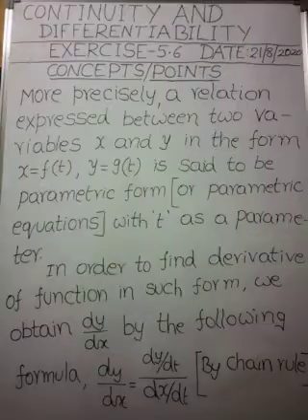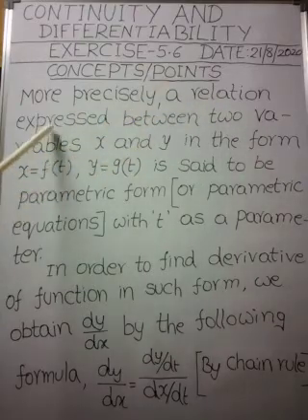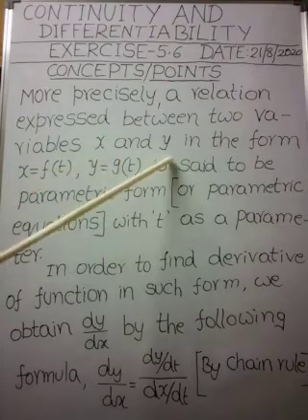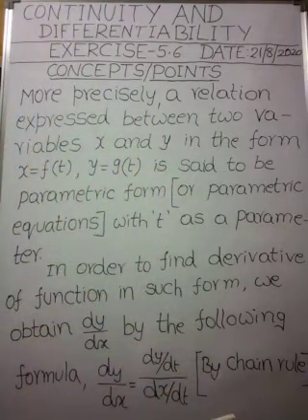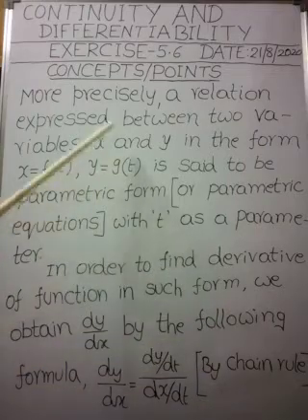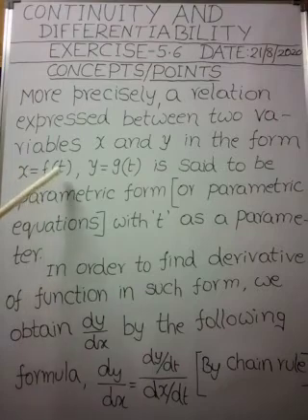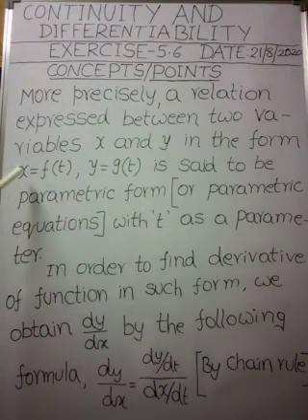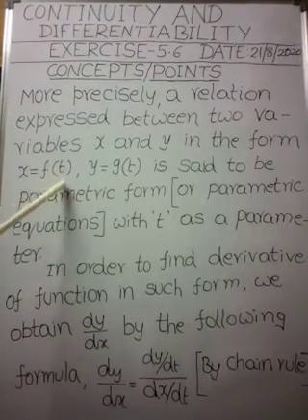Right. More precisely, a relation expressed between two variables x and y, in the form x is equal to f of t and y is equal to g of t. Here the variable x is defined as a function of variable t.